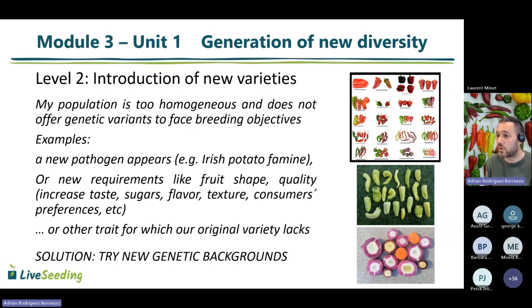This is now the time for level 2 of generation of new diversity, introduction of new varieties. Okay, if the materials, the populations I'm used to managing are not diverse enough to satisfy these breeding objectives, then I can introduce new ones, new genetic backgrounds. On the right, you have several pictures of our breeding initiatives with red peppers.